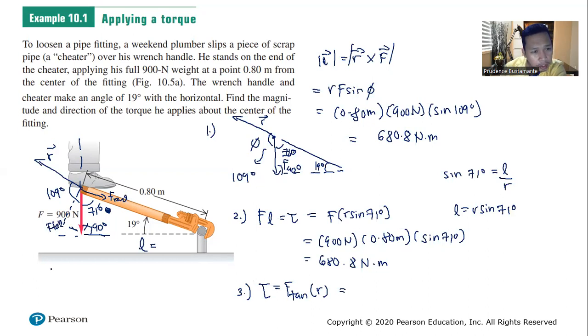If we use the 71 degrees, F tangential is equal to F sine of 71 degrees.